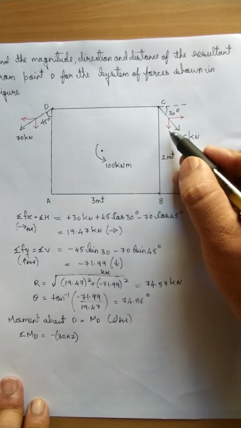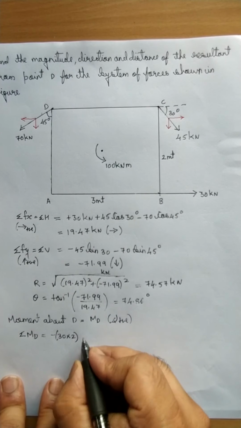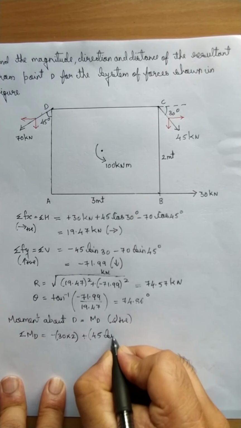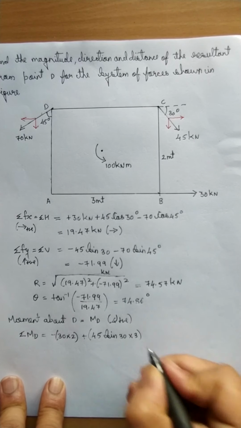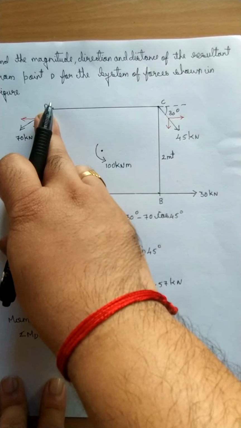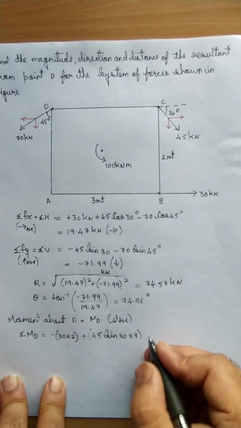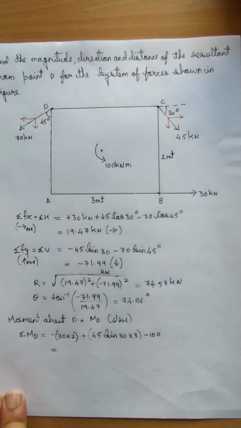This is going like this, so it will go clockwise, so it will be plus 45 sin 30 into distance, which is 3. Next, this is acting at this point only, so it will not contribute, and we have a moment anti-clockwise, minus 100. So let us see how much this is.